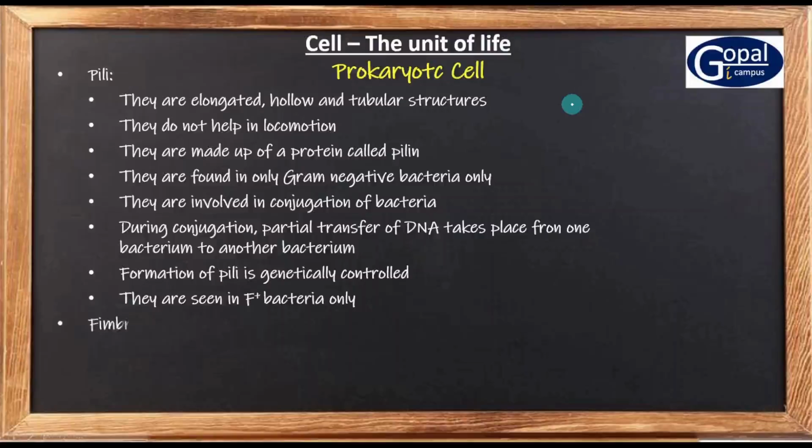The next structure we have to learn about is fimbriae. What are fimbriae? They are small bristle-like fibers present on the surface of the bacteria. Let us see a diagram.